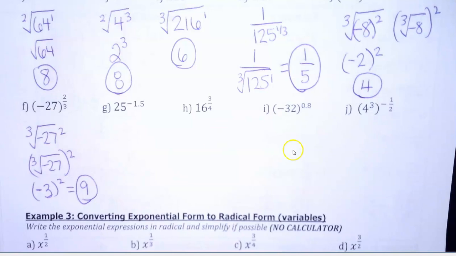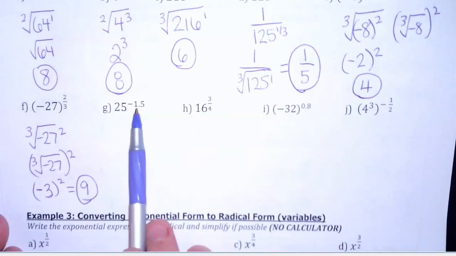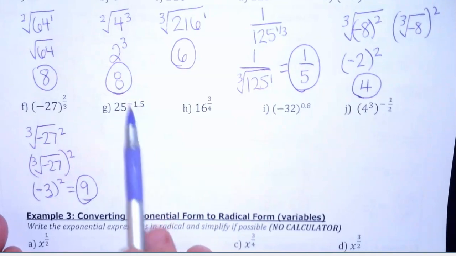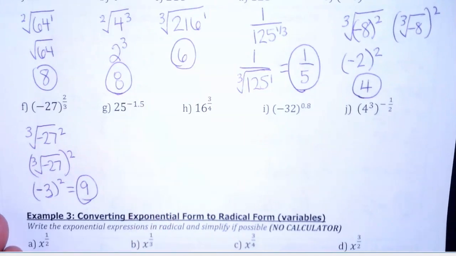And then I got a couple other just like little interesting technicalities going on in the next couple of examples. If you're not sure and you have a decimal instead of a rational exponent, I can go ahead and turn that into a fraction really easily.